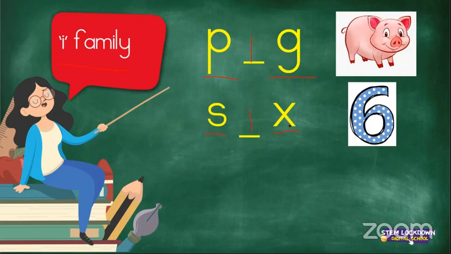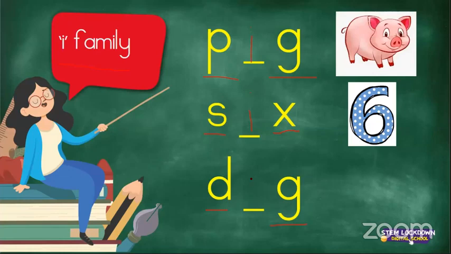Six. Good. One last practice. D, G. What family are we learning about today? E. Good. So we're going to put E in the middle. D, E, G. D, E, G. What word can we hear? D, E, G.